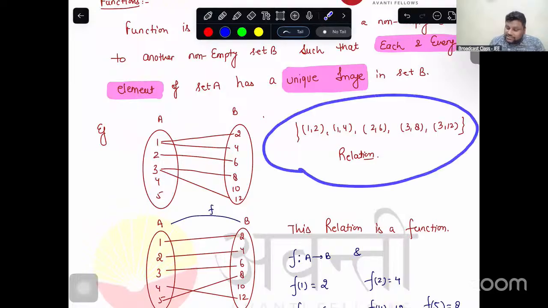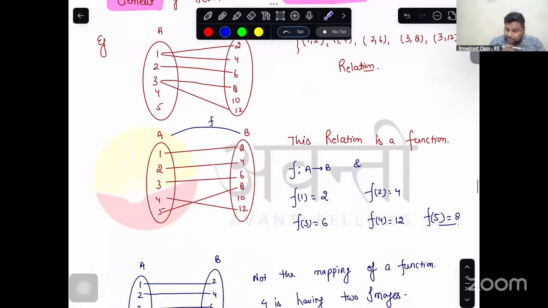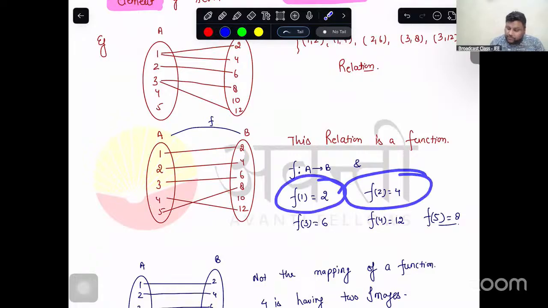So this is just a relation. And what is the mapping of a function? Where each and every element has a unique image.